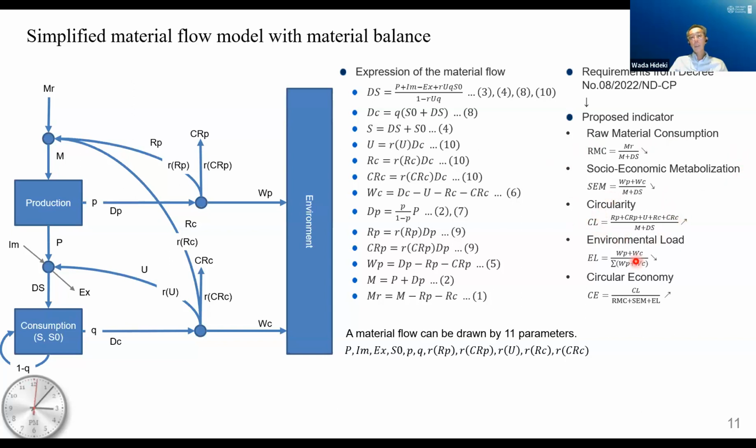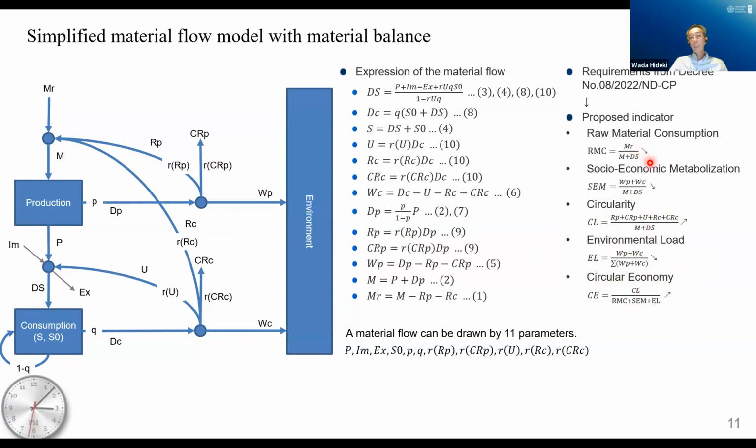And the third one is very easy to understand. It is circularity, or recycled material divided by the input. And the fourth one is also very easy to understand: the environmental load from one product divided by the total environmental load generated from the product. And finally, as an integrated indicator, we added the circular economy rate: circularity divided by RMC, SEM, and the environmental load, ER.